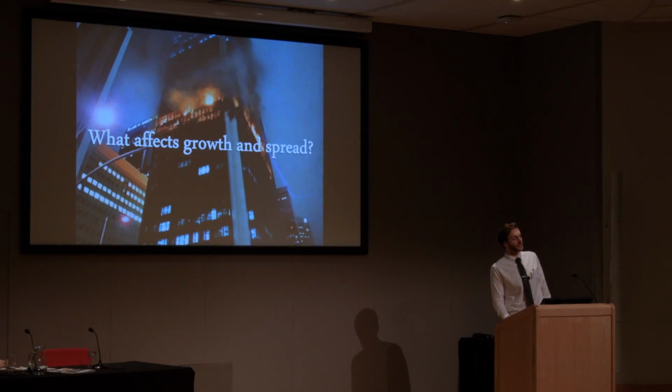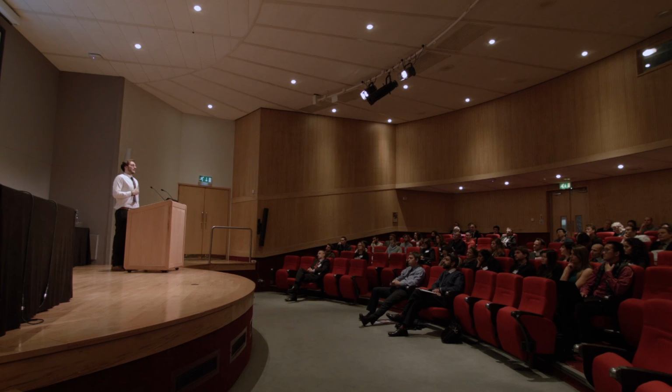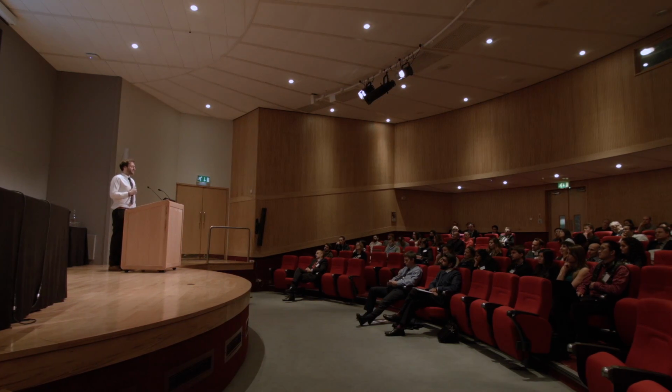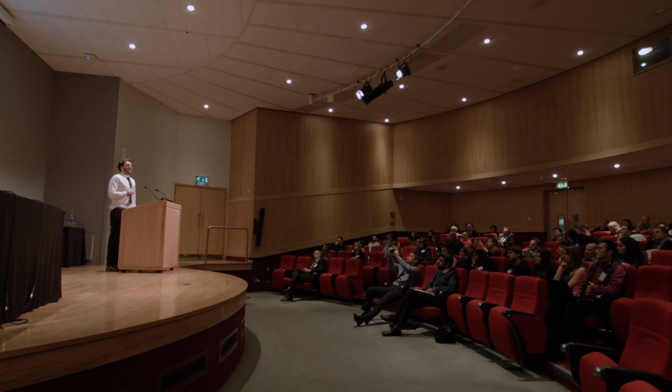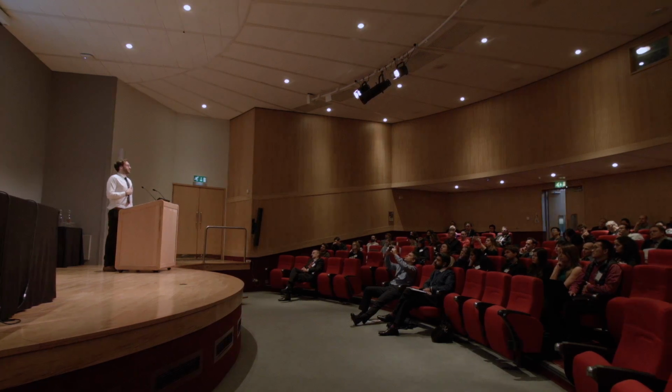That leads on to another question: what causes that spread and growth of the fire and the smoke? Again, another very big question. We could be thinking about active fire suppression systems, the fuel itself, obviously, ventilation systems.